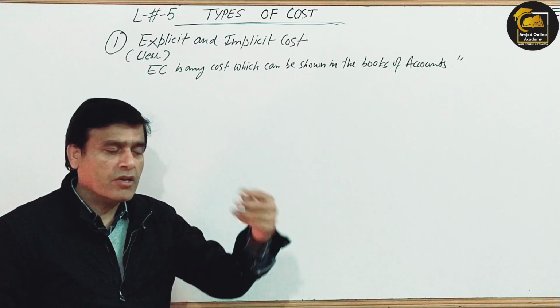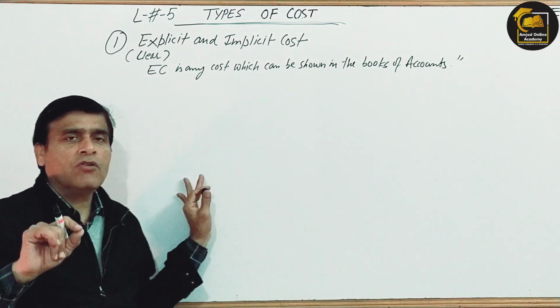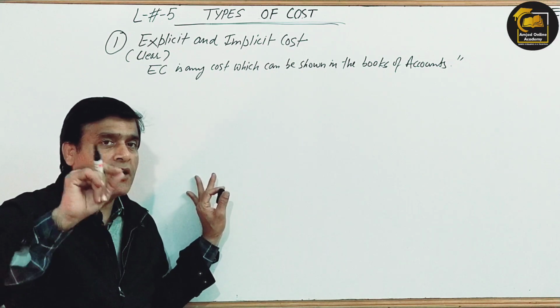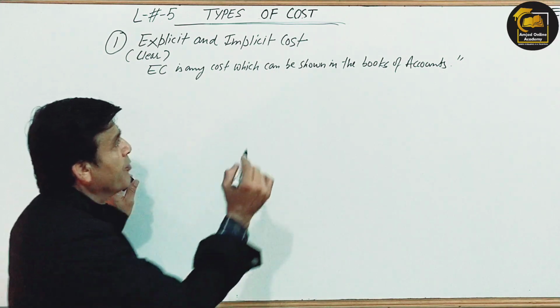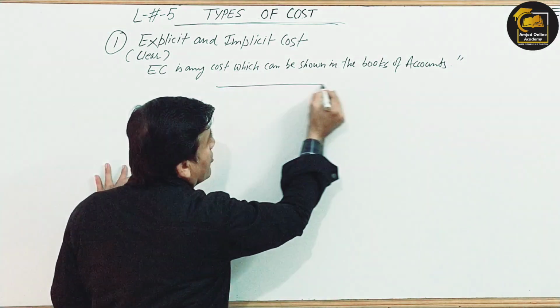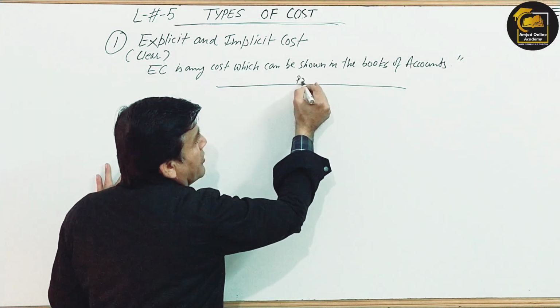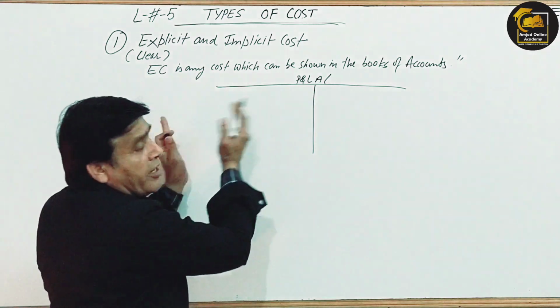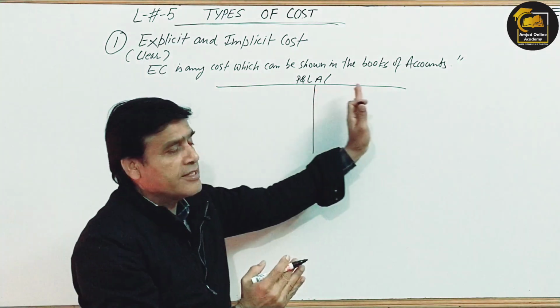Whatever the cost, whatever the expenses you are showing in your books of account, for example, if you are going to prepare a statement like the profit and loss account, here you write some expenses, here you write some income.